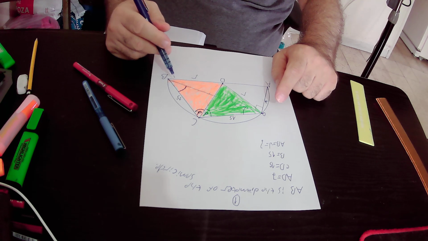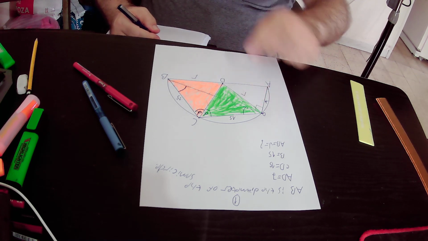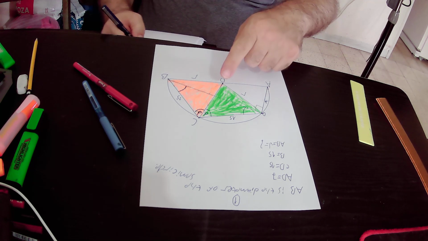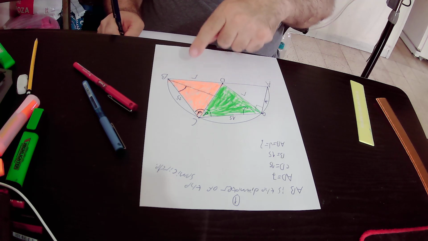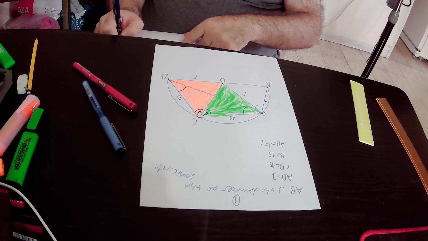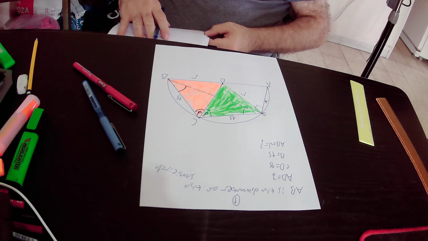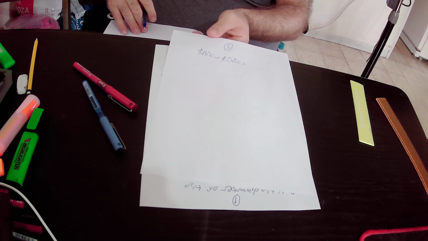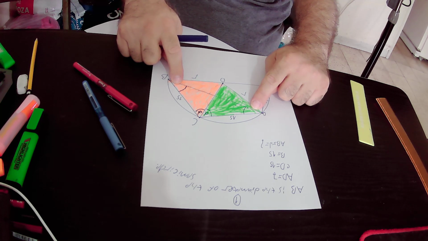So angle BDC is equal to angle DBC. Those two angles are equal to each other according to rule number 2.